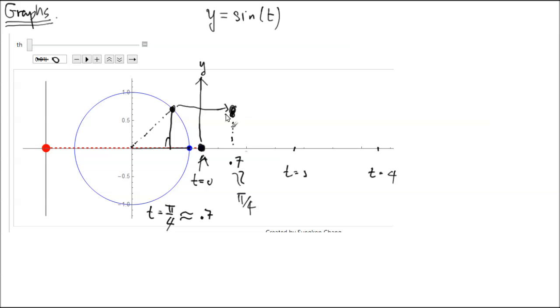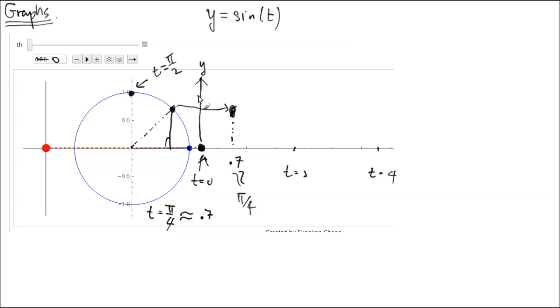Okay? How about when t is over here? What do you know about that? What is the t value here? The t value is not 0. The x value is 0. That's interesting. Well, what is the t value? The y value is 1, right? And the t value is, that's correct, pi over 2.